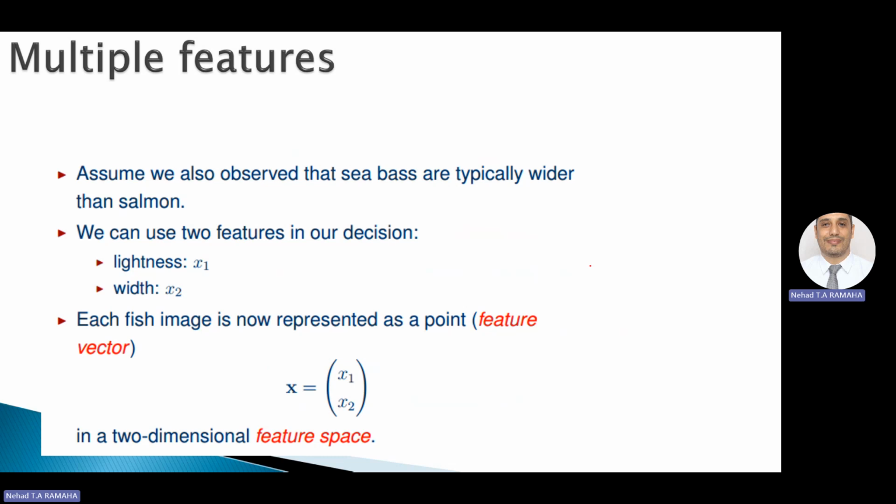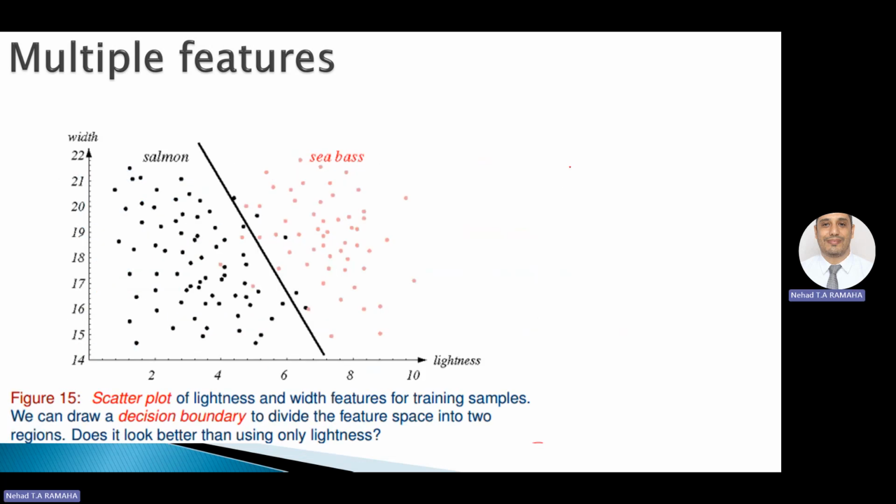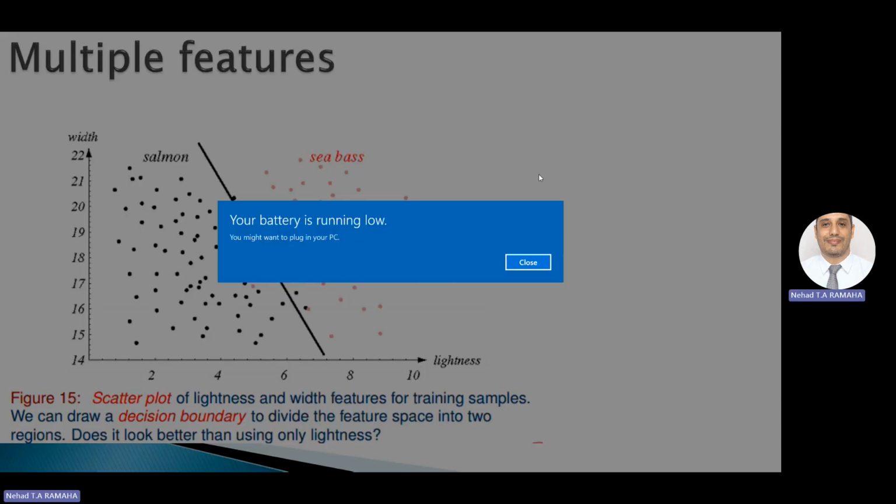Okay, if we have multiple features, as we mentioned, you will put them as a feature vector. When we have multiple features, for example 2 features, you will see it in a scatter plot like this. So you have to decide where the place or the line is to classify this object.